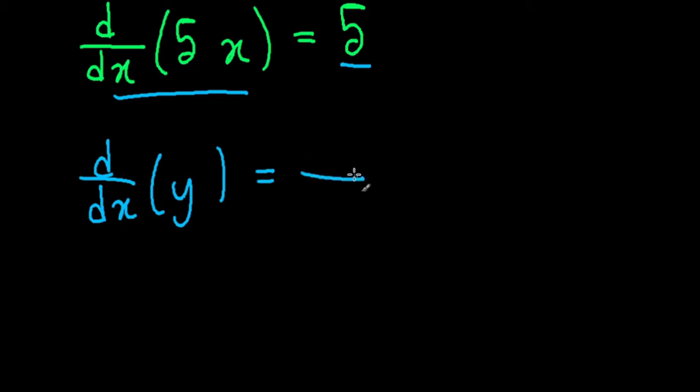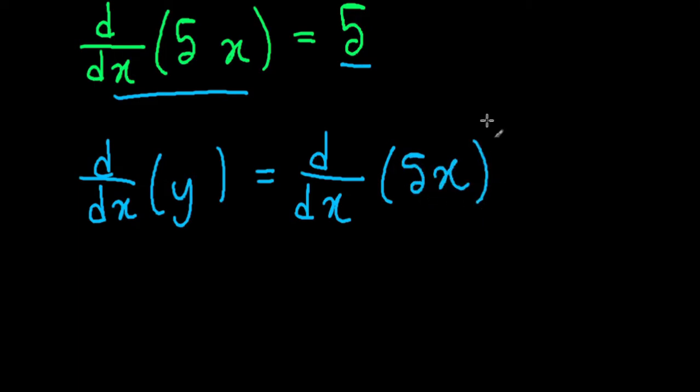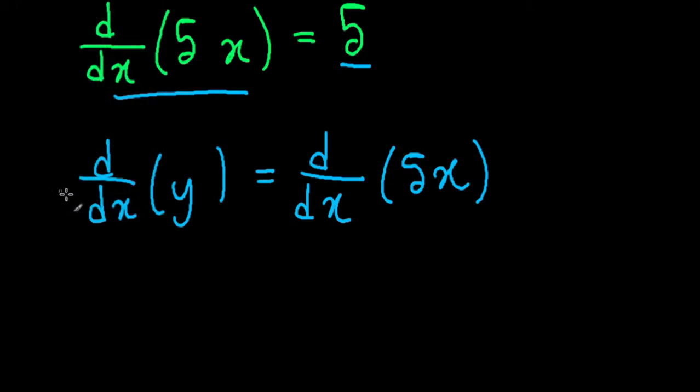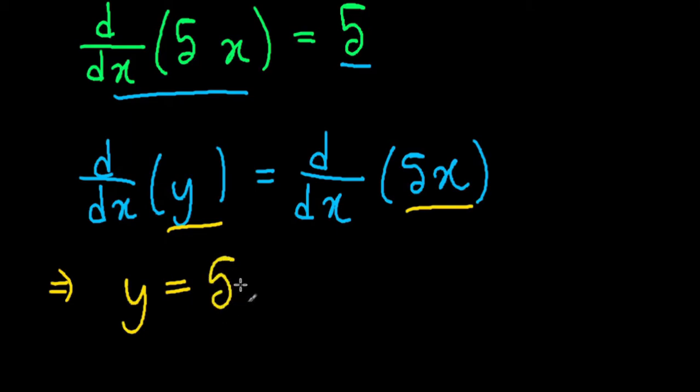So this has to be the same as the derivative with respect to x of 5x. Now if I pattern match and make the two things inside the brackets equivalent, y has to be the same as 5x, that kind of makes sense. So y would be equal to 5x.